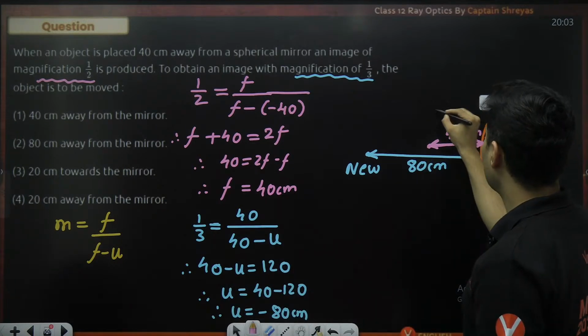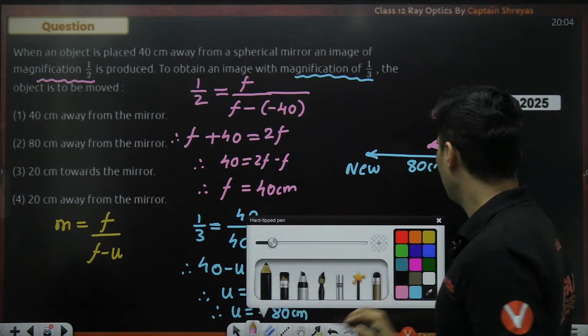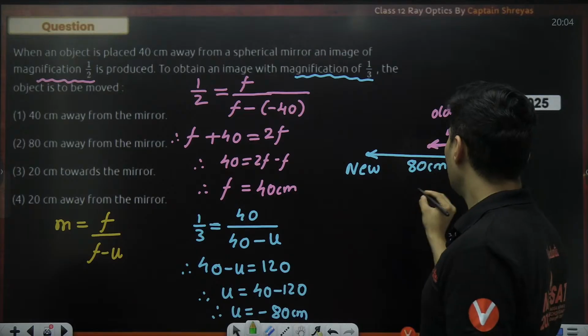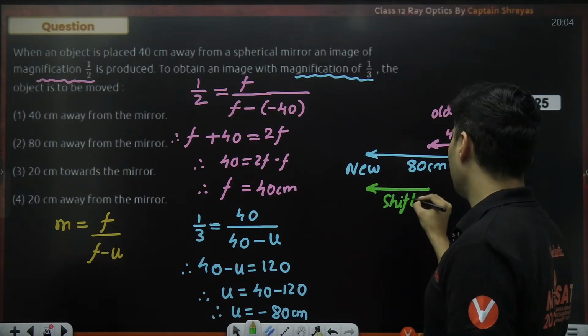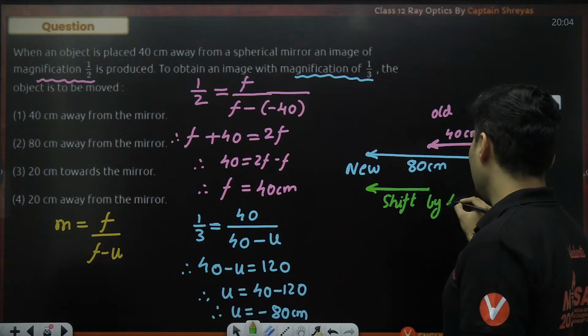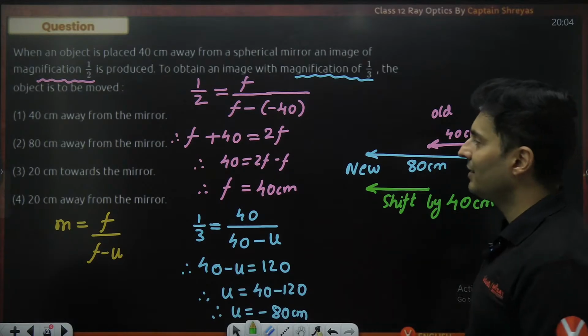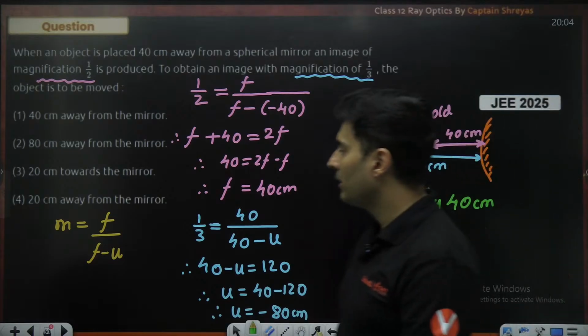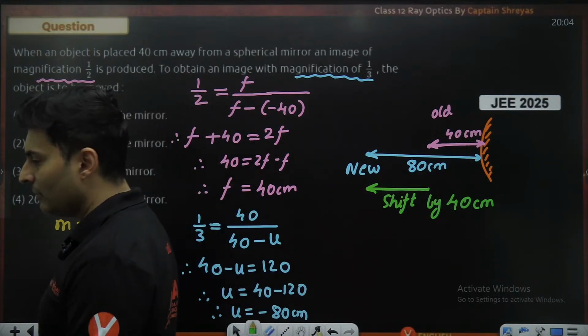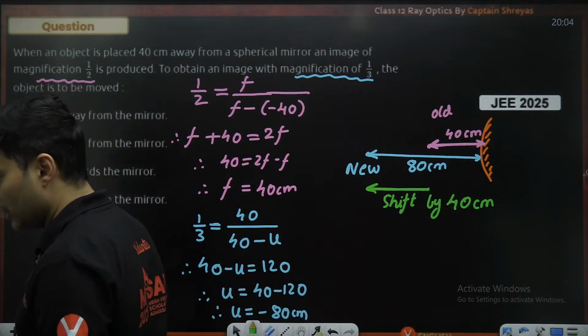This 40 centimeters was the old position. Now you only tell me what have you done? You have shifted it away from the mirror by how many centimeters? 40 centimeters. So 40 centimeters away from the mirror. Is that right?